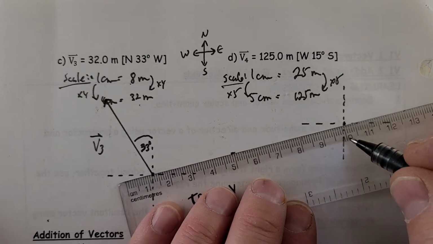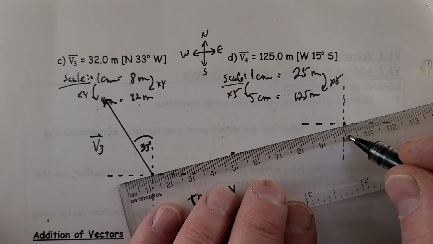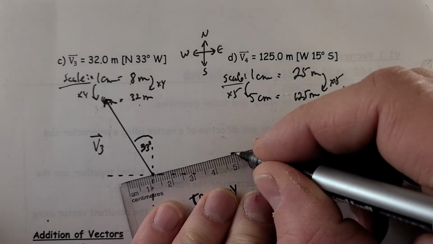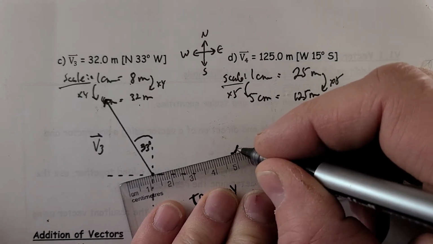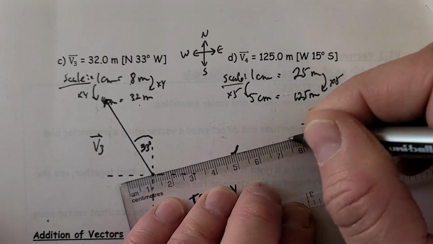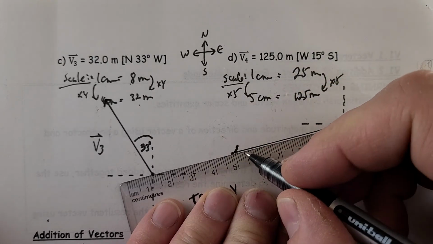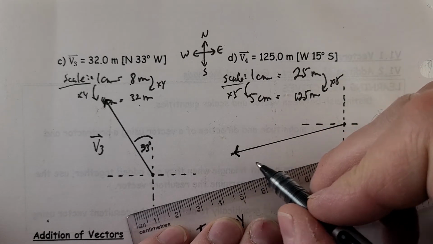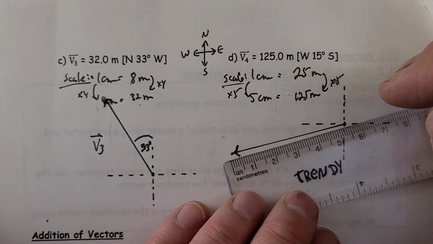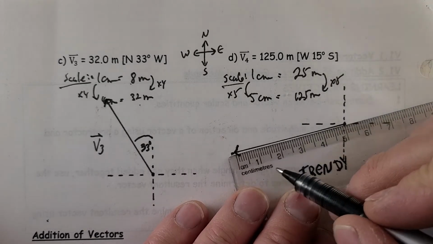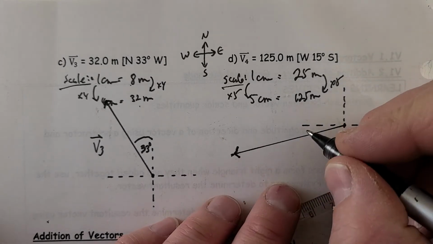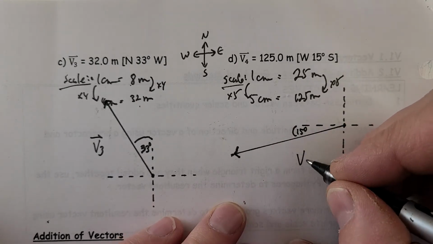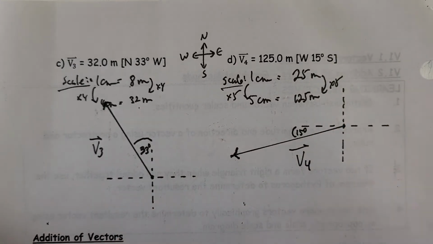So if I put my 10 right here, I'm going to go 1, 2, 3, 4, 5. So right here is my tip. So draw your line, and you can see my tip is right there. I went a little bit long with my marker, but the tip of the arrow represents where the vector ends. So you can see that's 5 centimeters. And of course, this is the angle that we measured, 15. So that is vector V4.